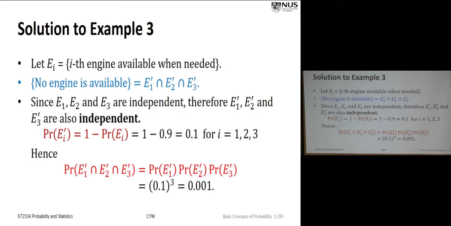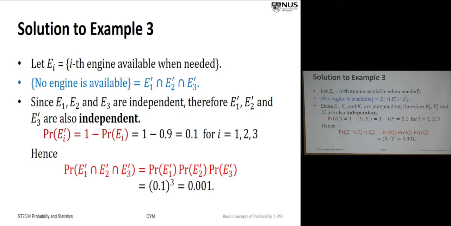Come to think of it, maybe I should include more engines. Let's say I have 5 engines. Then when I need one, the chance of getting none of them will be 0.1 raised to the power 5. So it's a very small probability that you will not have any.